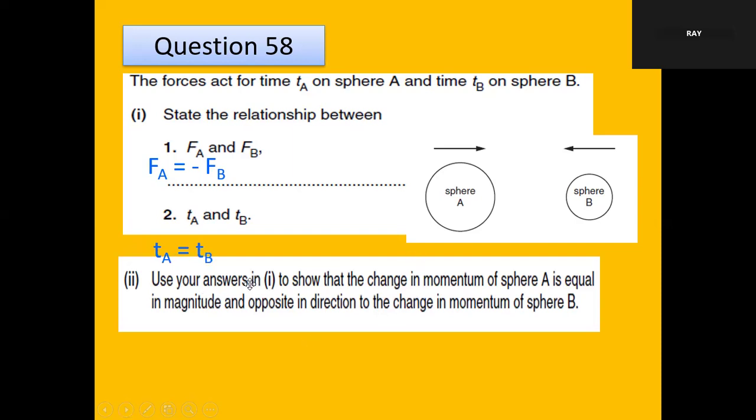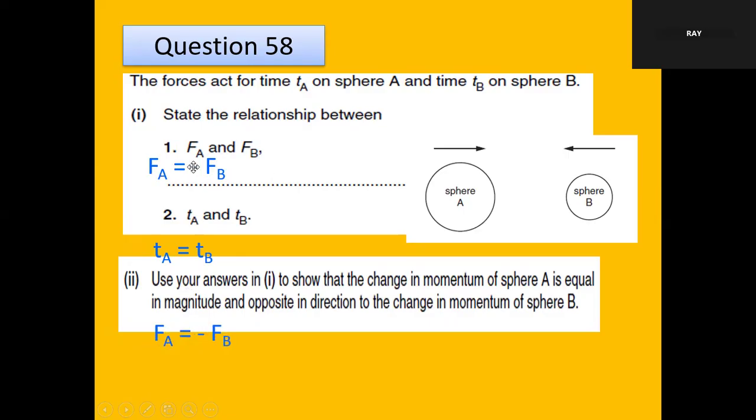Use your answer to show that the change in momentum of A is equal in magnitude and opposite in direction to the change in momentum of B. Just use that. We were asked to define what is force.